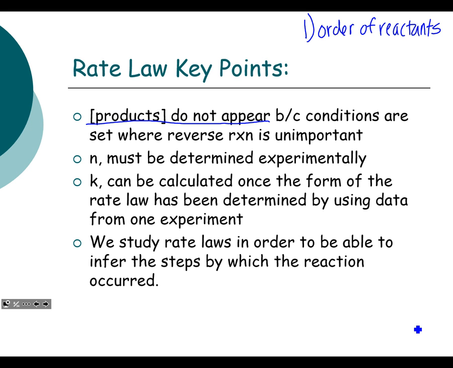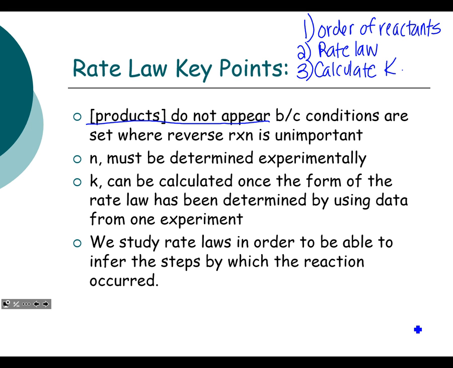Now, once you have the order of all the reactants, then the rate law can be written. So order first, then you write your rate law, and once you have your rate law, then the next thing that is a must that you have to do is calculate the rate constant. You have to come up with K.